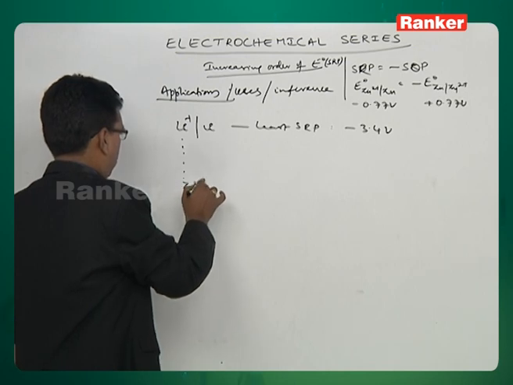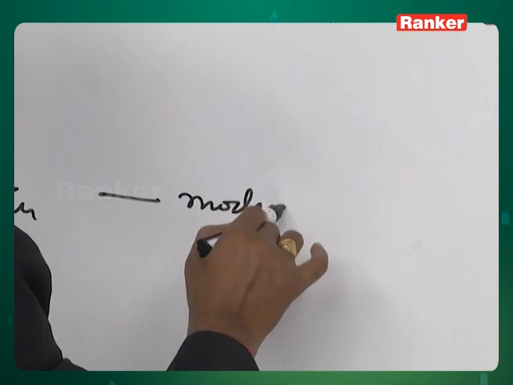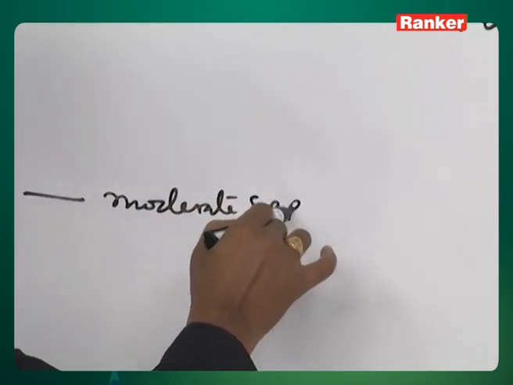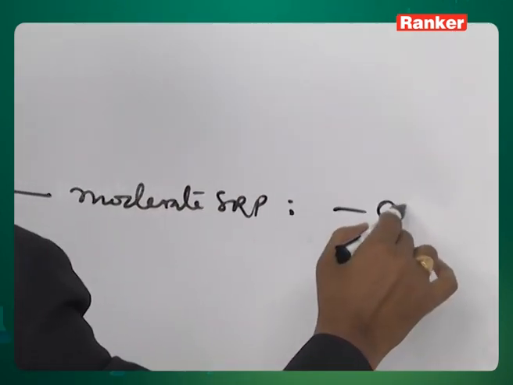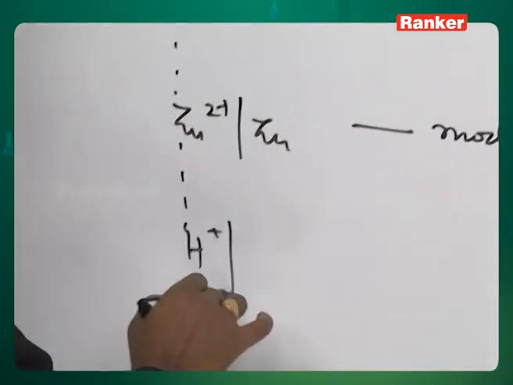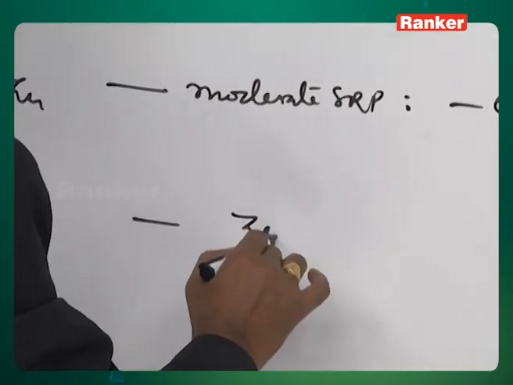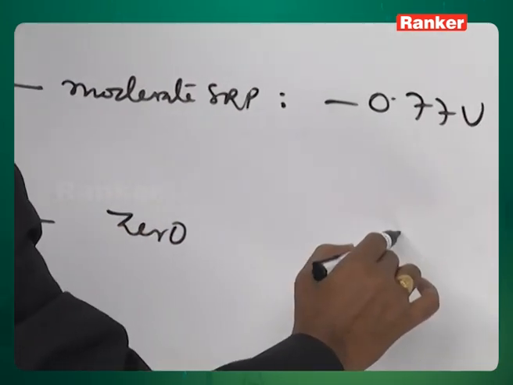Zinc with moderate SRP of minus 0.77, followed by hydrogen, which has 0 SRP.